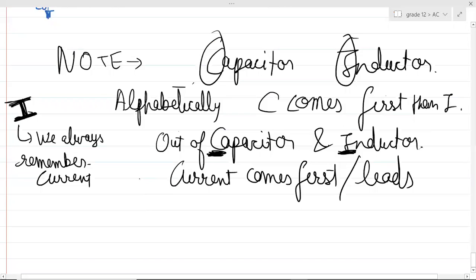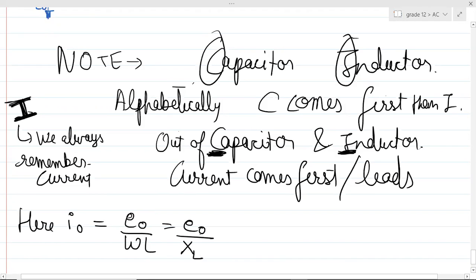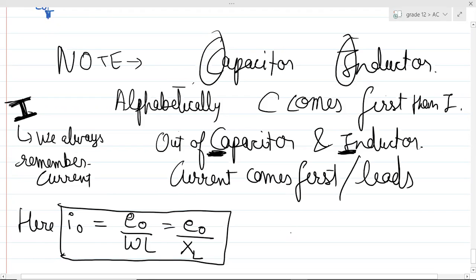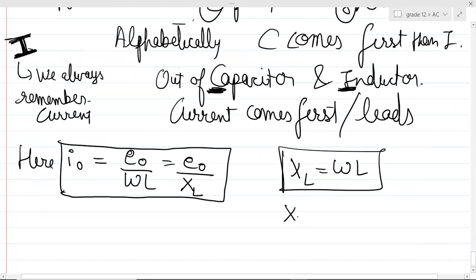Anyways, so I think this is clear, right? The diagram is also clear. Here, do you remember I naught, the maximum value of current, was equal to E naught by omega L. Here I can denote this omega L by another term, which is called XL. XL is basically equal to omega into L, and it is called inductive reactance.